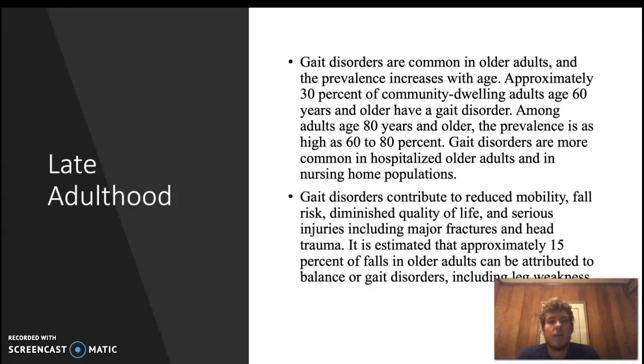And the prevalence of these increases with age. Approximately 30% of community-dwelling adults at age 60 years and older have a gait disorder. So 60 years seeing 30%, that's not a significant number, but you bump it up to 80 years old, it's as high as 80% of people have gait disorders.